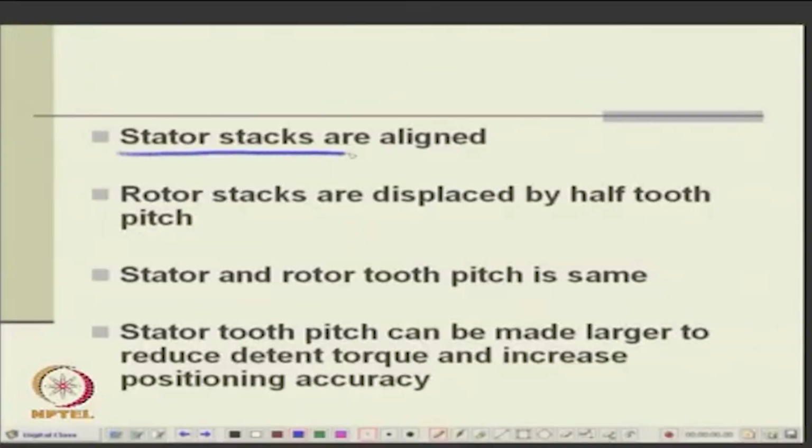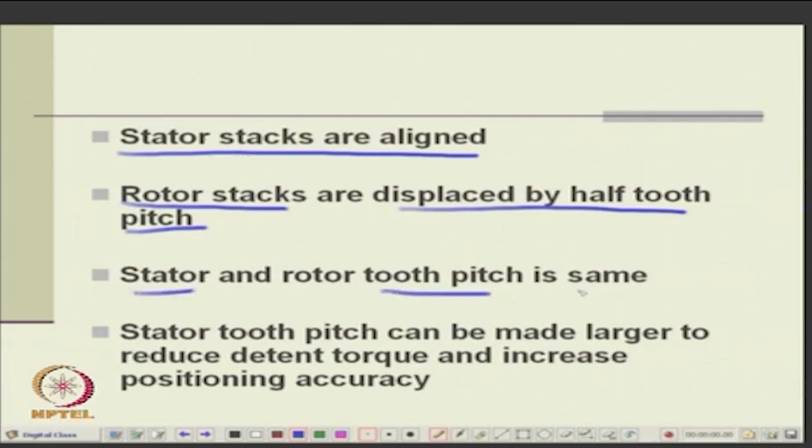Okay. Now, in those variable reluctance ones, stator stacks are aligned, rotor stacks are displaced by half tooth pitch, and stator and rotor tooth pitch is the same. And the stator tooth pitch can be made larger to reduce detent torque and increase the positioning accuracy.